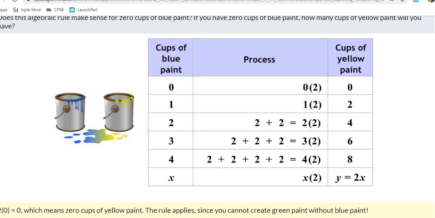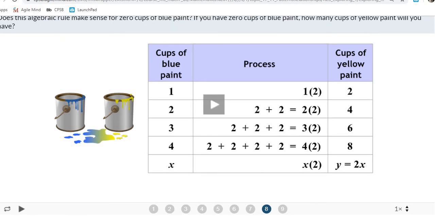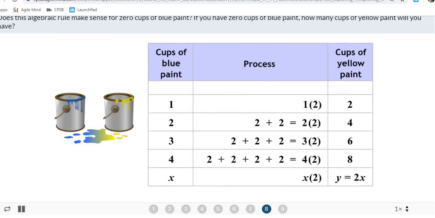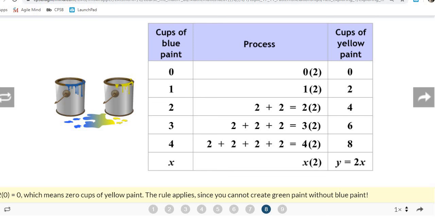And I think that goes with problem 1D. It says, does this algebraic rule make sense for the scenario? Why or why not? Well, that goes back to the question we just went through. Actually, let's go to 1E, sorry. The question said 1E, what would happen if you had 0 cups of blue paint?